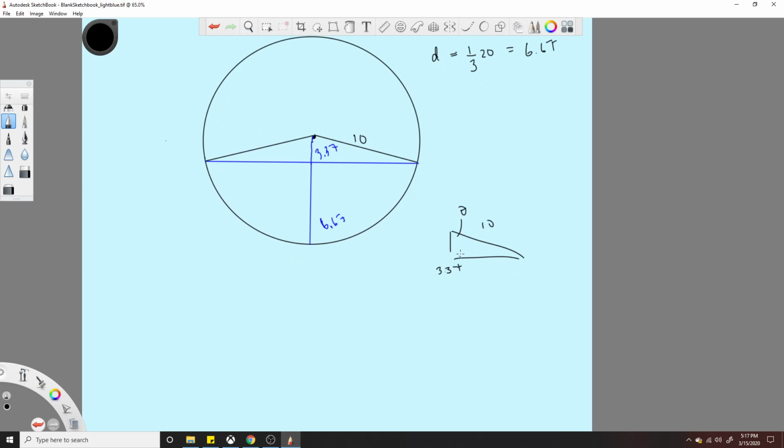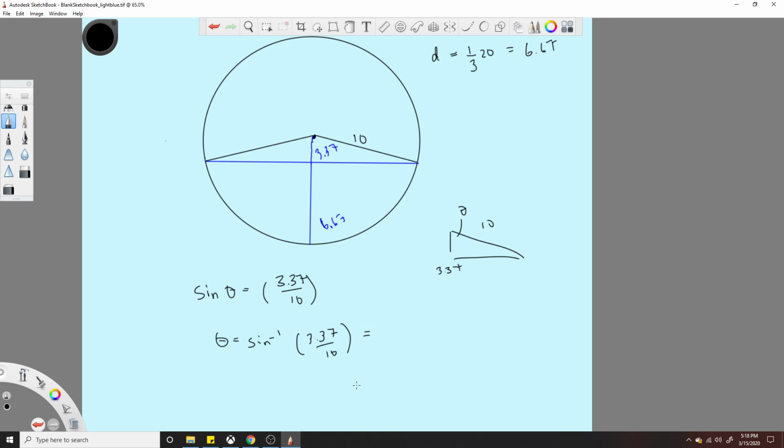So this is adjacent, that's hypotenuse, so you'd use sine theta is going to be 3.37 over 10. Theta equals inverse sine of 3.37 over 10.